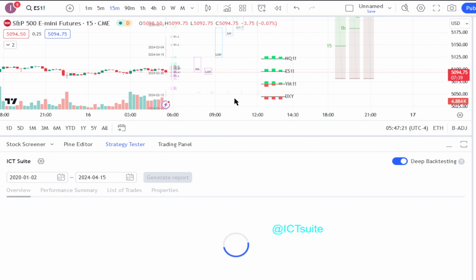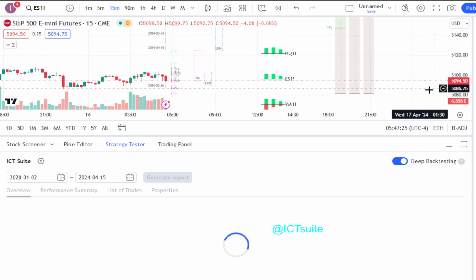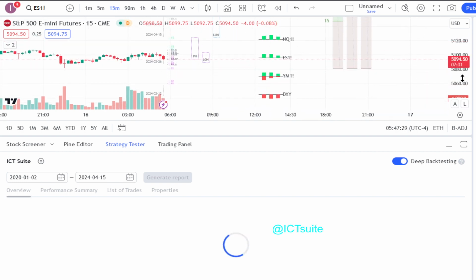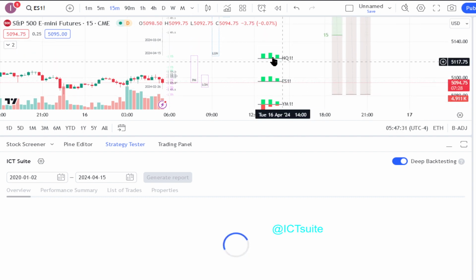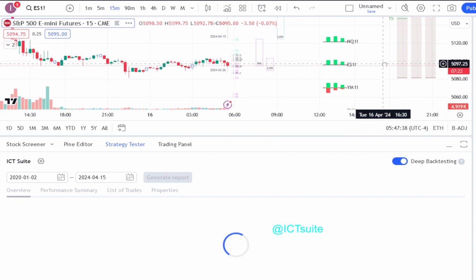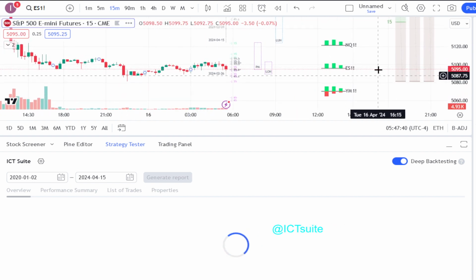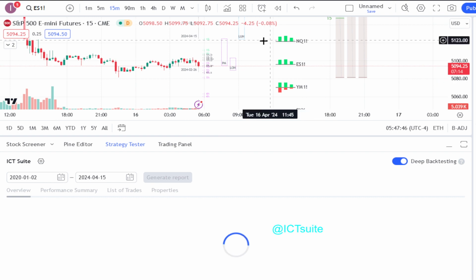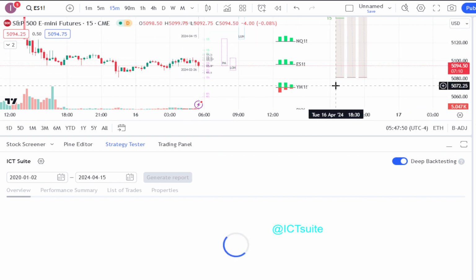Yeah, so this is a symmetric market indicator, and as we can see, Nasdaq is going up right now, with the options that we have applied to this indicator at the moment.